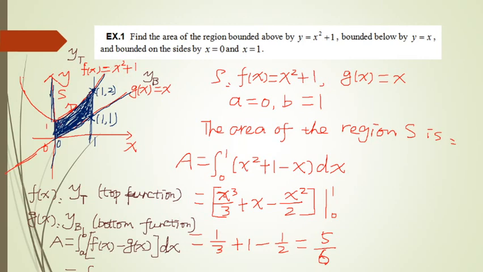From A to B, you can use your top function minus your bottom function, yt minus yb, with the independent variable dx. So here we express the integrand as yt, the top function, minus the bottom function yb, with the differential term dx from A to B.